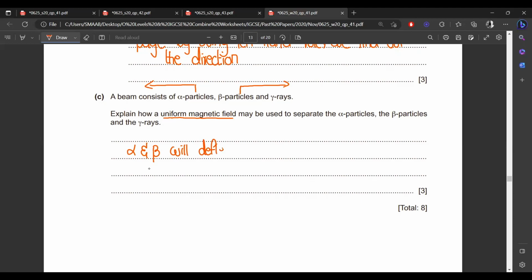So there are three rays. So it means the two rays can easily be identified as alpha and beta, because they already deflect in opposite direction. And the second thing is, if we need to identify the gamma, gamma can also easily be identified. There's no deflection? No deflection.